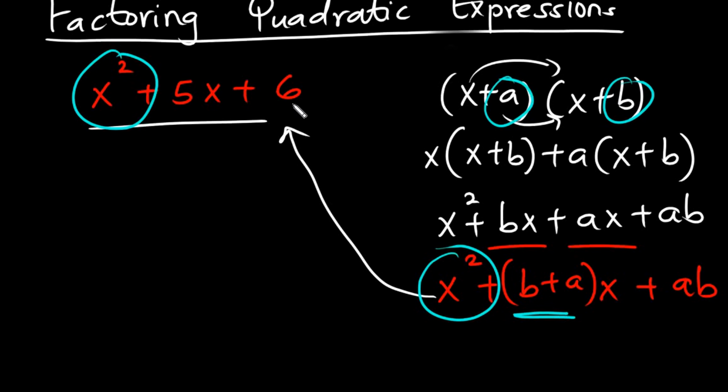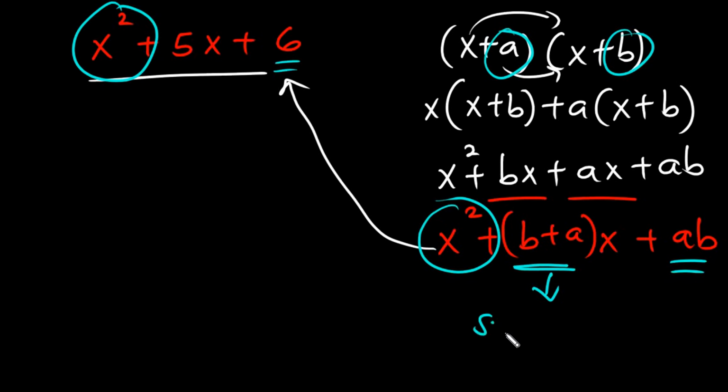The last term is a constant representing the product of a and b, so it's a times b.